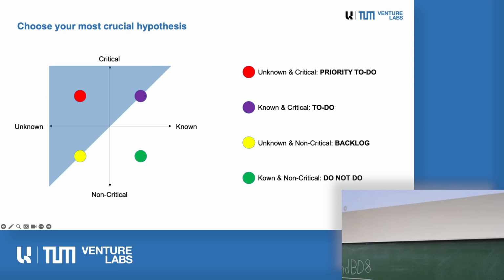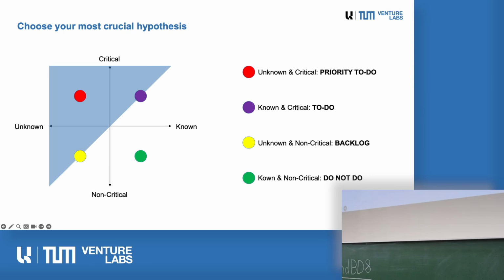This is something that's super prioritized. If it's critical and known, then it should be very soon to do. So this should also be in your closed backlog, in your to-dos. If it's, on the other hand, unknown and non-critical, you can squeeze it in at some point when you have time. And of course, if it's known and not critical, then just don't do it.